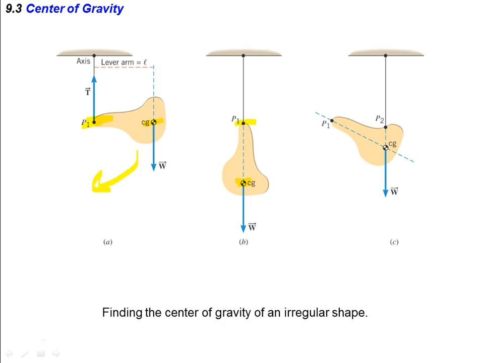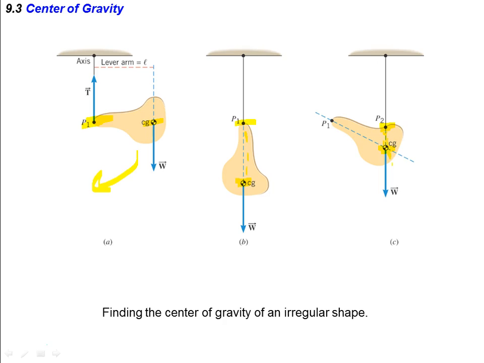So if we do it at one point, we can attach this irregular object, hang it from a string, and draw a dotted line. And we see that the center of gravity has to be somewhere along this line. Well, if we then attach to another point of contact and do the exact same thing, we know the center of gravity has to be somewhere below that line. And so we see where those two lines intersect, and we get the center of gravity.